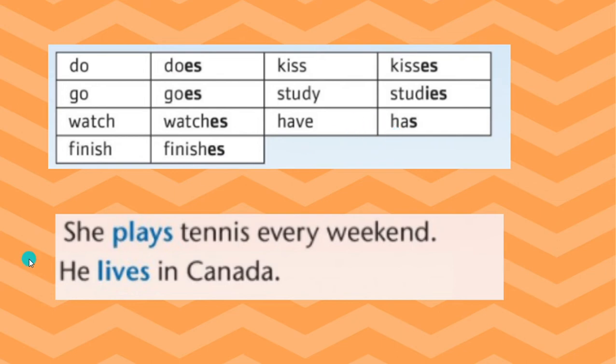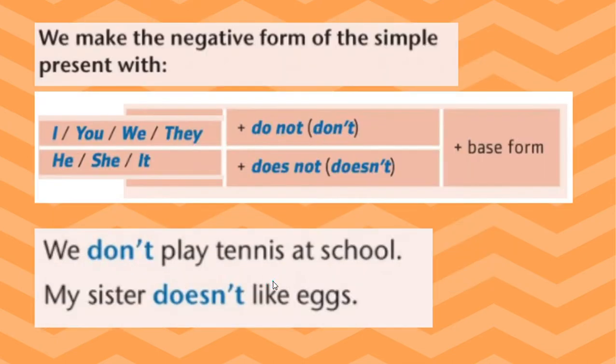Look at here. We have some examples. She plays tennis every weekend. He lives in Canada. Okay? In the negative form, we're gonna use don't and doesn't. Here we have I, you, we, and they are gonna go with don't.